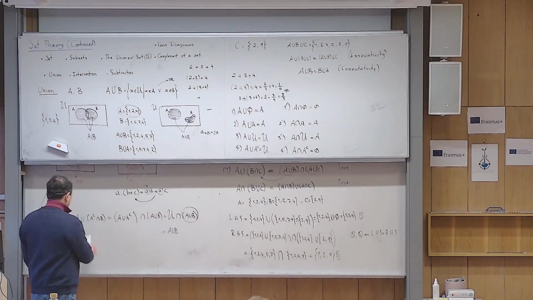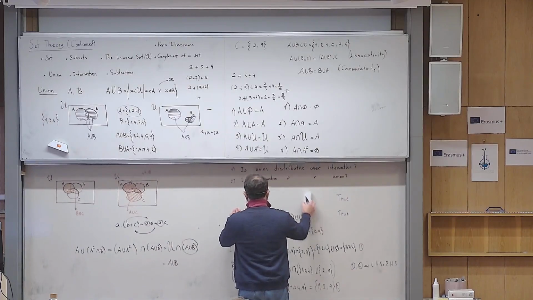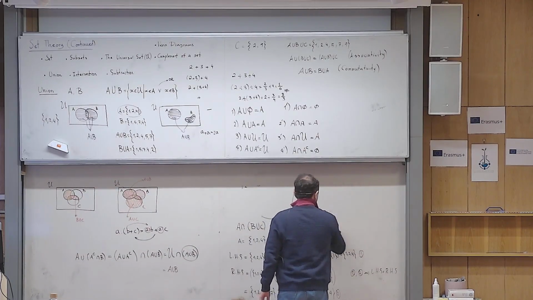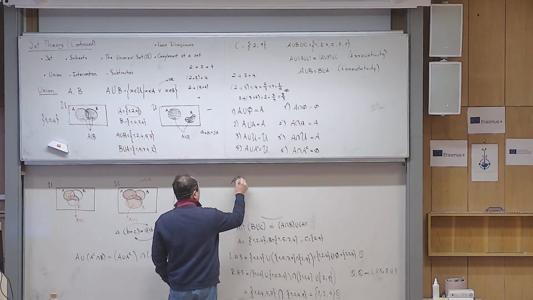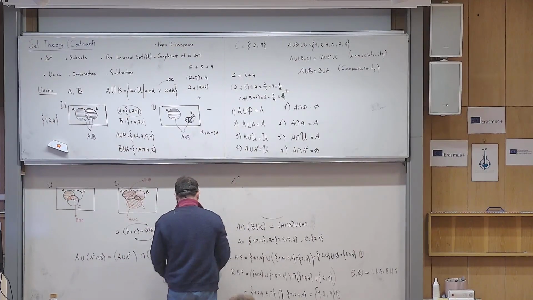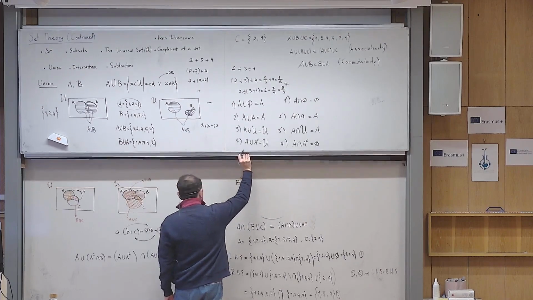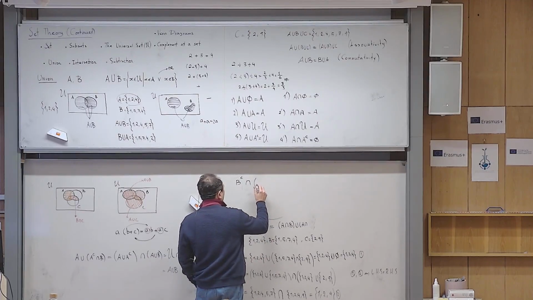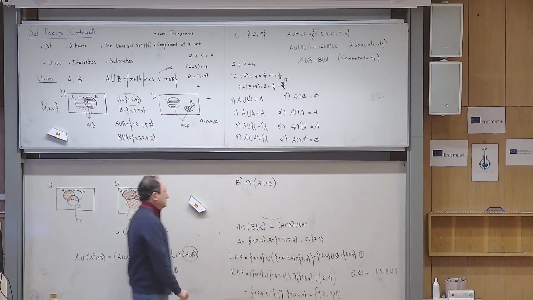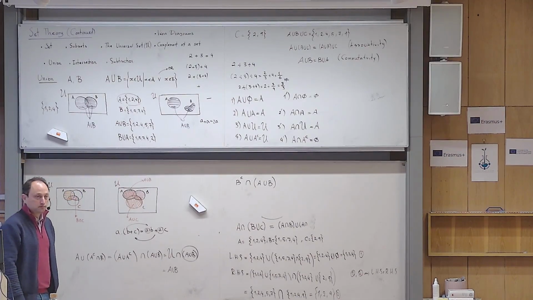For example, let me give you one more example. What do you think will happen about this? I have A complement outside. Let me write it B complement, and then I want to intersect it with A union B. So what can I do now?